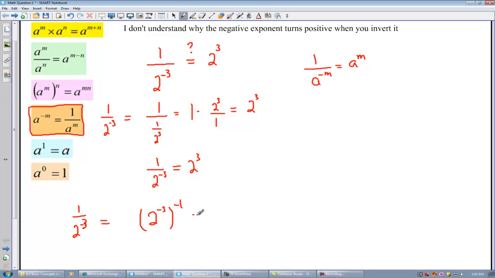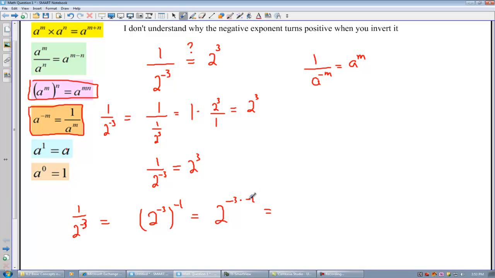And then you can use this rule right here, which tells you if you have something raised to the n power, and then you raise it to the n power, you multiply exponents. So this is equal to 2 to the power of minus 3 times minus 1.